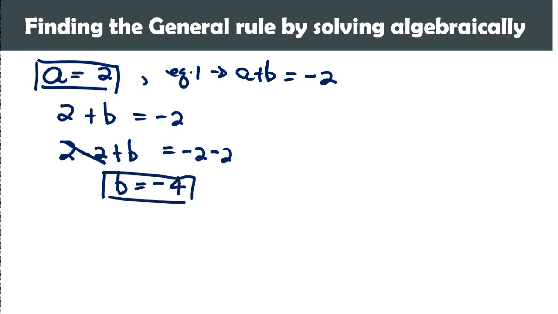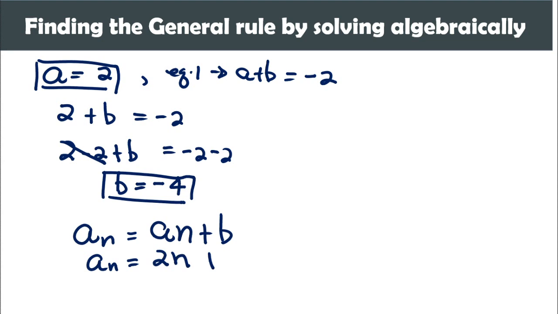So we're going to substitute the values of a and b to the linear equation. A sub n is equal to an plus b. A sub n is equal to, the value of a is 2, so 2n, and since b is negative, it will become 2n minus 4.